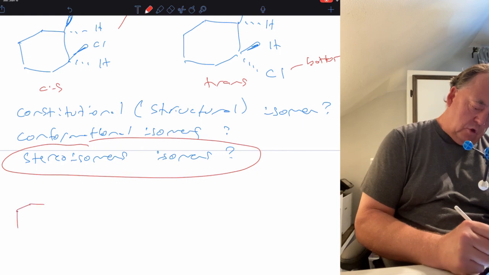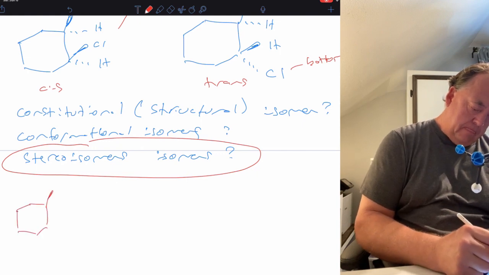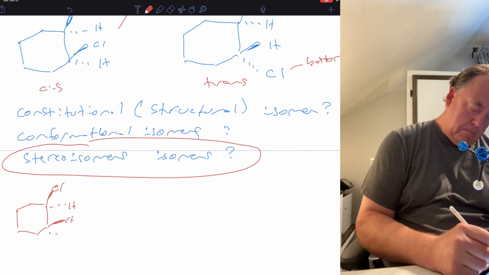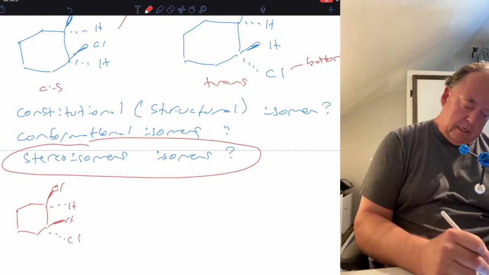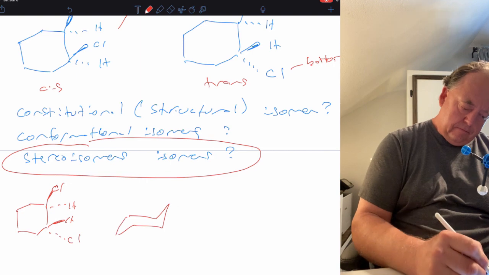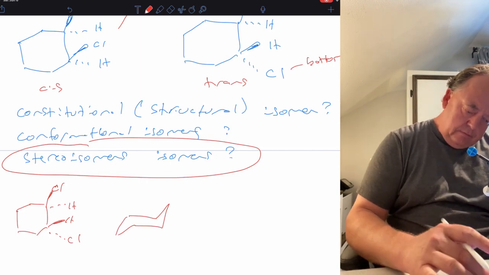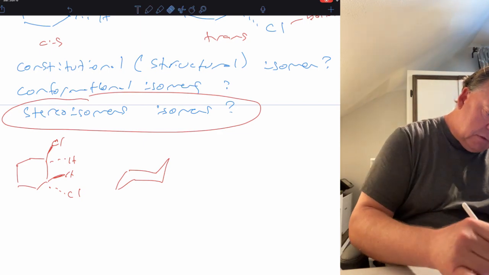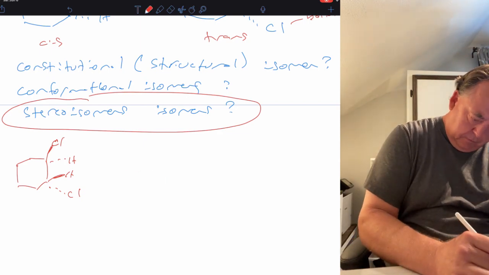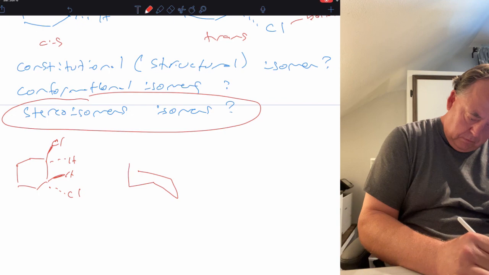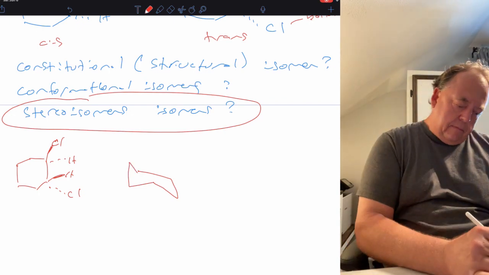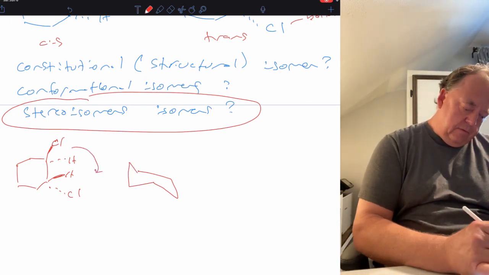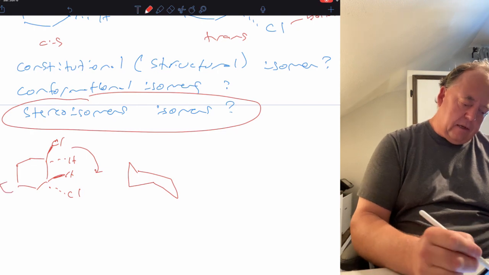So I'm going to take this carbon and bend it down, and I'm going to take the back carbon and bend it up.